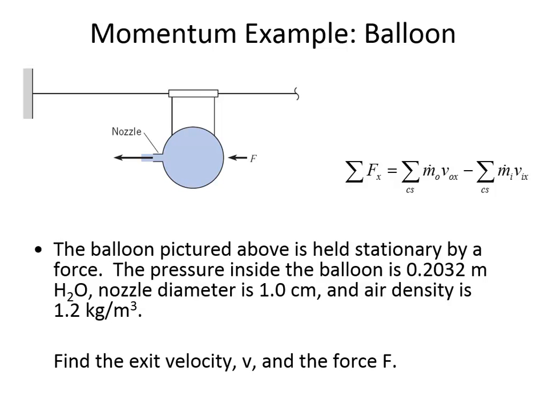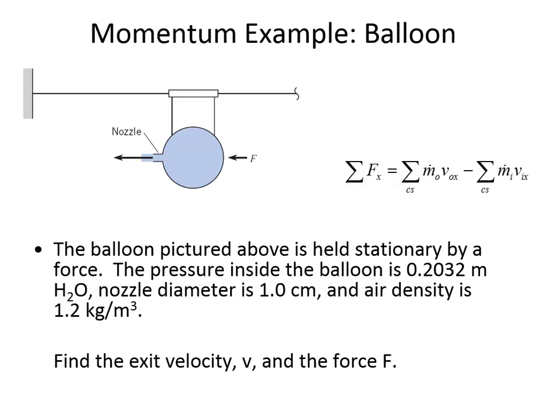That works out to a pressure of 1993 newtons per meter squared, 1993 pascals. The nozzle diameter of that balloon is 1 centimeter. We're going to need to know the cross-sectional area of that nozzle so that we can find out what is the exit velocity. And so from using that diameter of the nozzle being 1 centimeter, 0.01 meters is the diameter, and the area, pi d squared divided by 4.